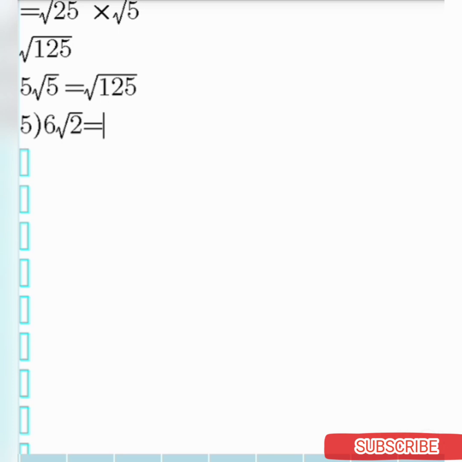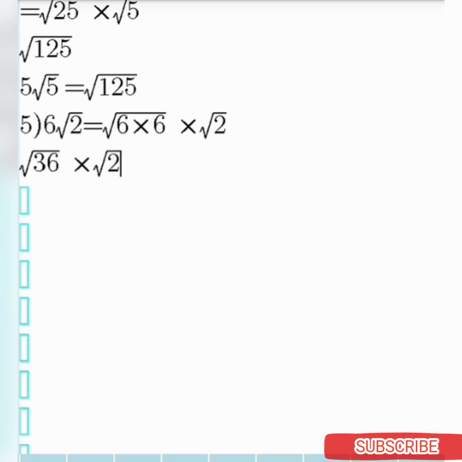This is the same thing as saying root 6 times 6 times root 2. Once you have expressed it in this way, your 6 times 6 will give you 36, that is root 36. Then also multiply that root 36 by root 2.